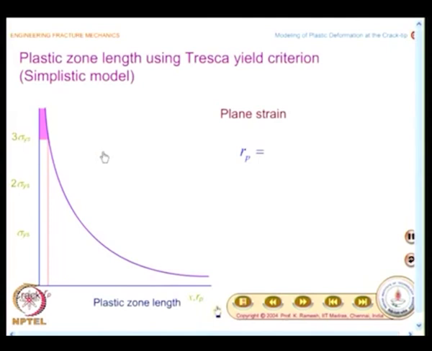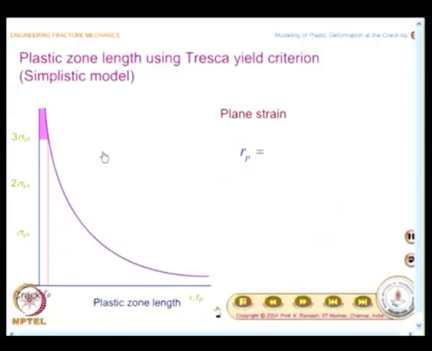See, in a simple tension test, when the stresses reach sigma ys, yielding takes place. We have seen in the case of a crack problem, you have a triaxial loading situation. In a triaxial loading situation, particularly when you consider plane strain, the individual stress magnitudes can be very high. It can be as high as 3 times the value of the yield strength.